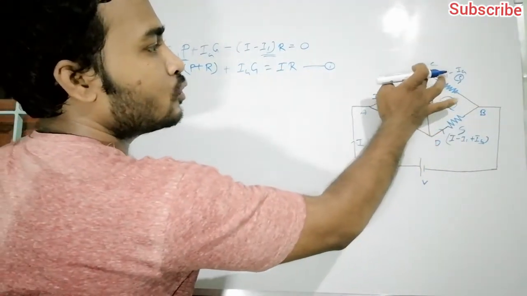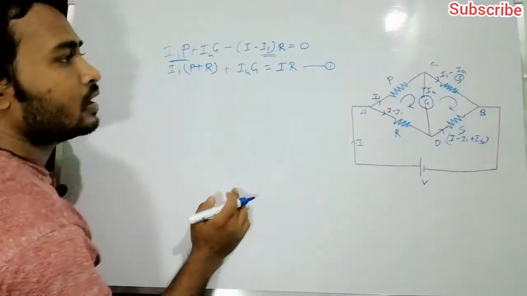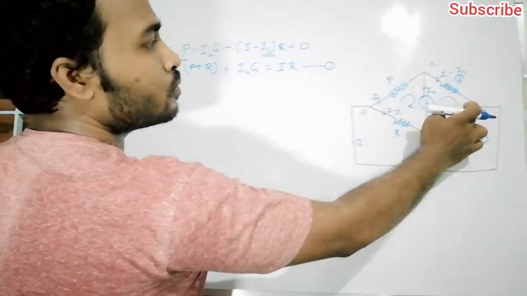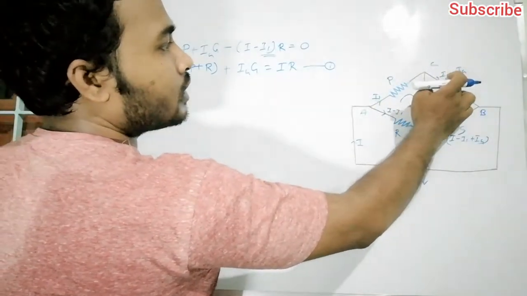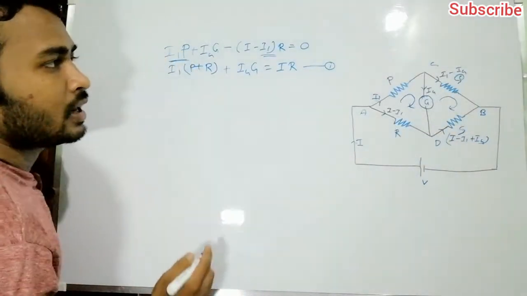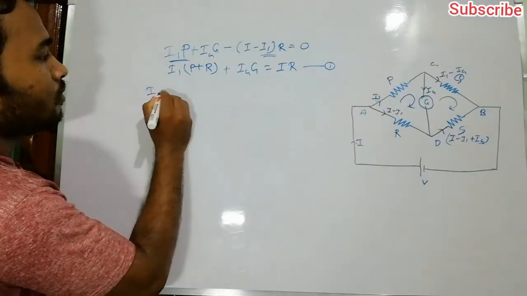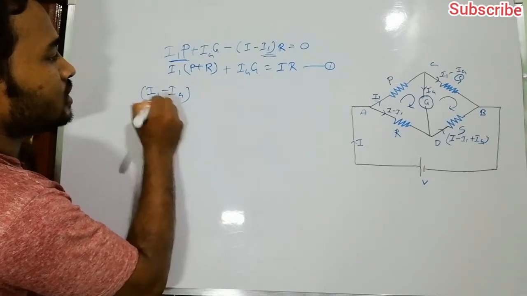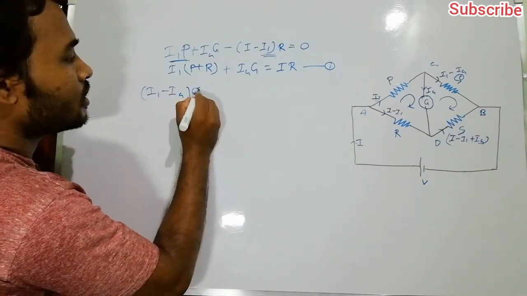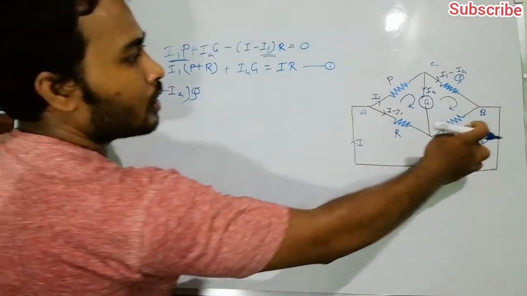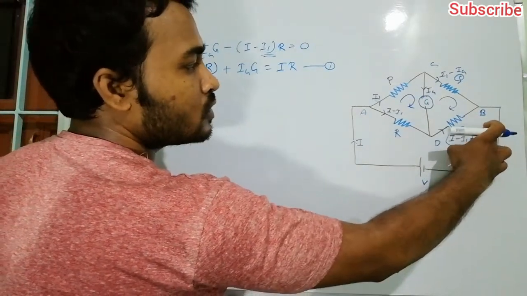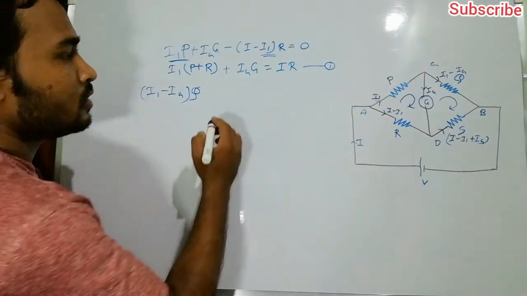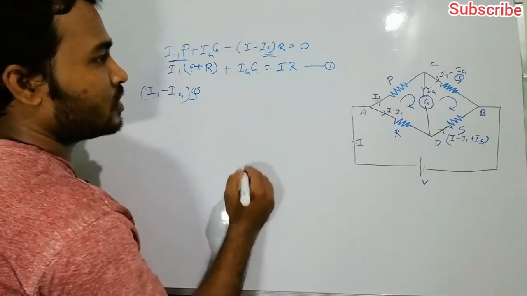In the loop C, B, D, C, if we apply KVL, then from C to B I have taken the current I1 minus Ig. So (I1 minus Ig) into resistance Q, and from B to D the current flows in the opposite direction, along the anti-clockwise direction.